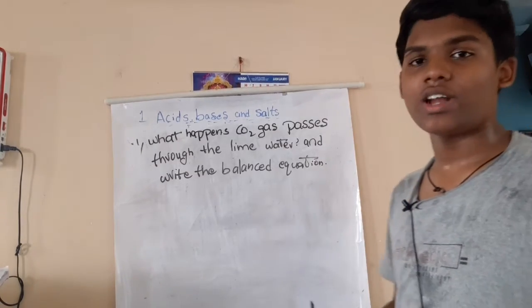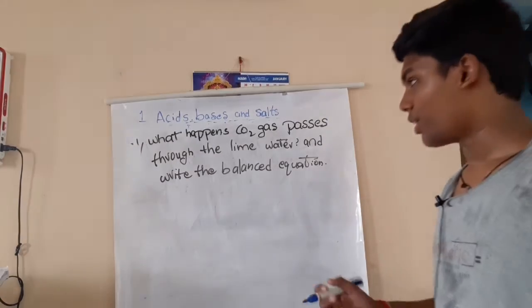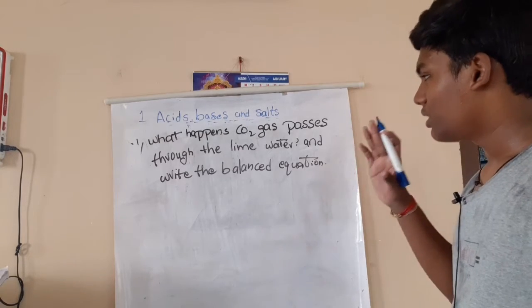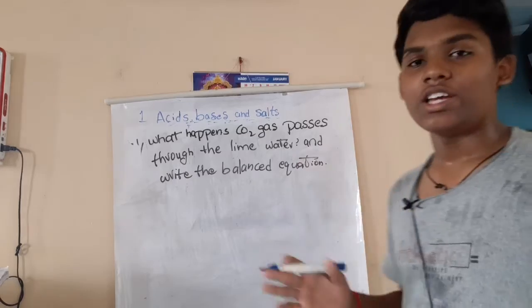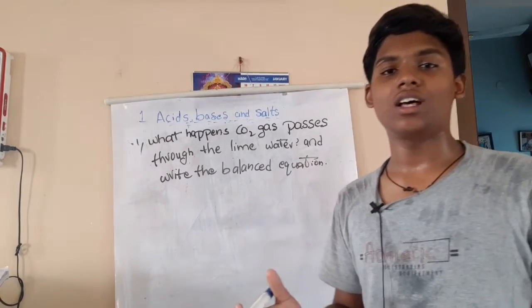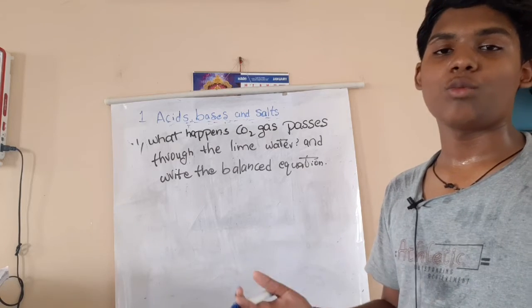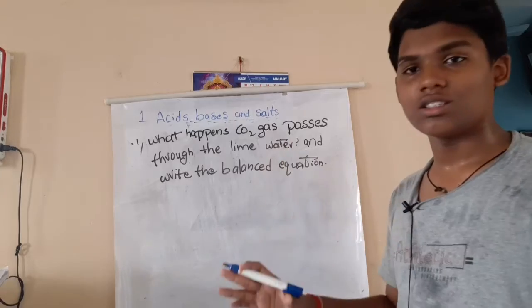This is asked many times. Now I will give the answer. When carbon dioxide gas passes through lime water, it becomes milky color, and calcium carbonate, CaCO3, is formed.